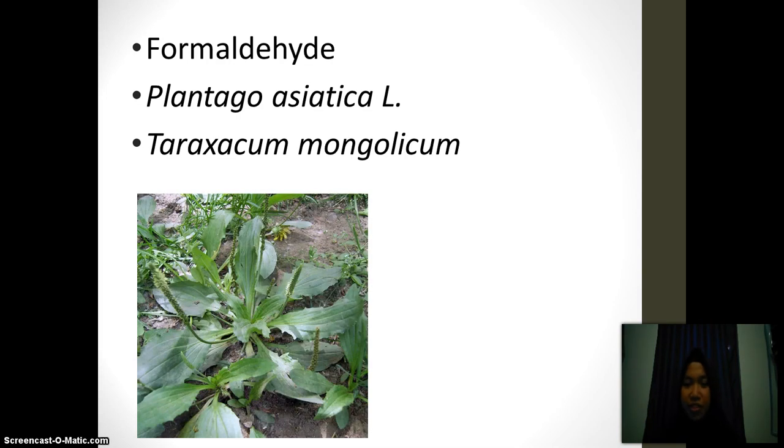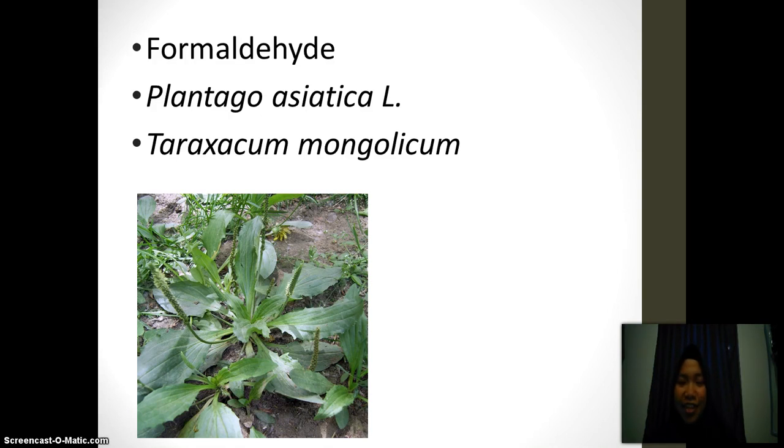Plantago asiatica L grows really well in disturbed areas, such as the side of the road or in places where there is a lot of pollution. Also, Plantago asiatica L is used for folk medicine and cooking.